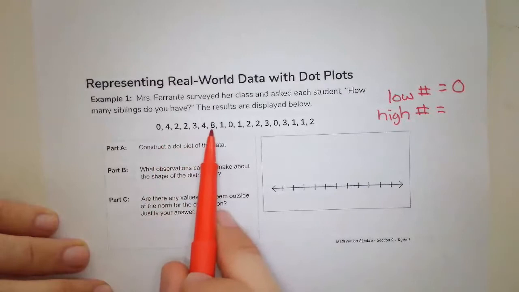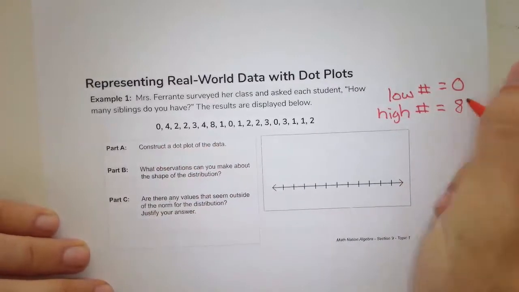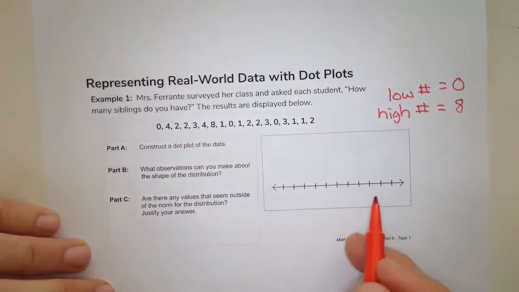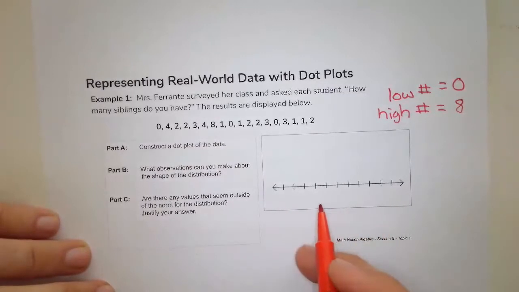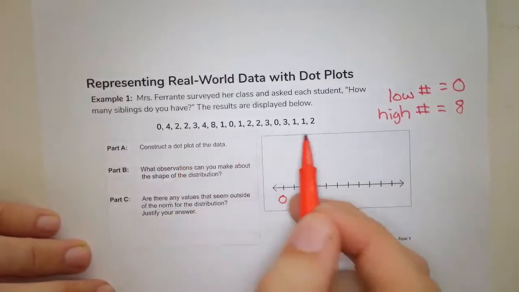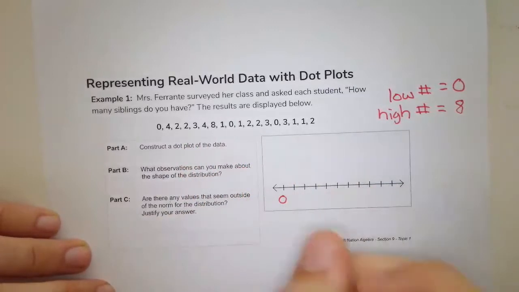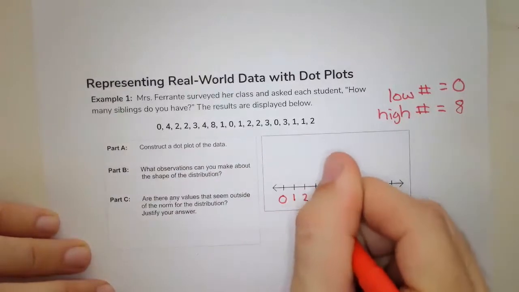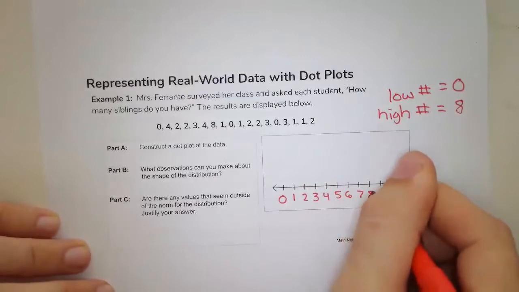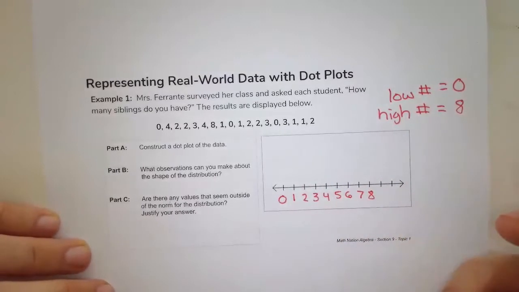Oh, we have an 8, and it looks like that's going to be our highest. So when we decide the numbers that are going to be down here at the bottom, let's start with 0, and we look and see we have 1s, we have 2s, we have 3s. Let's just go 0, 1, 2, 3, 4, 5, 6, 7, 8. And that's going to be our high.